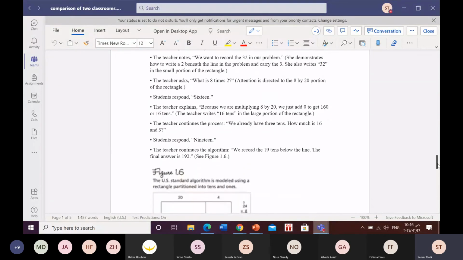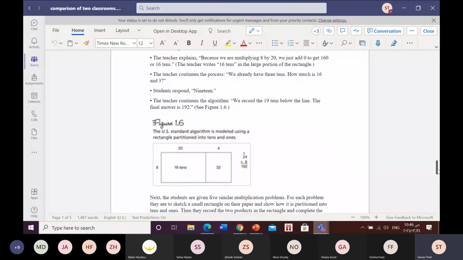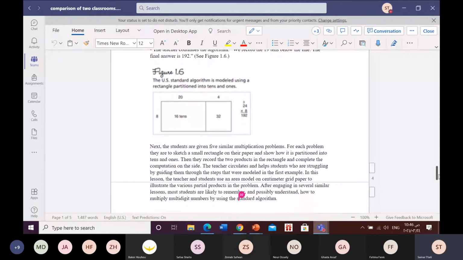In fact, she was teaching them the algorithm. So she taught them the method, and next they applied it, they imitated what the teacher had done. Now we do want to teach the standard algorithm at the end, of course, but the teacher should not walk them through step by step like this.